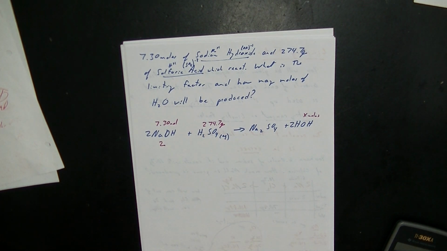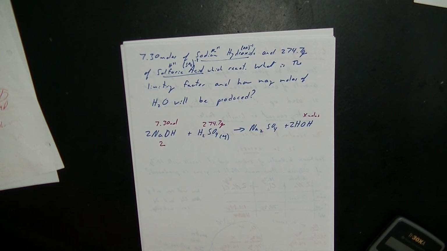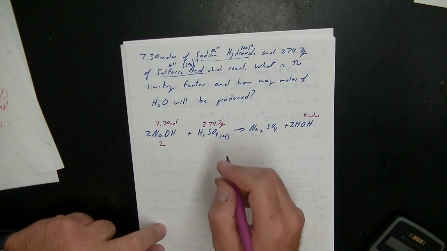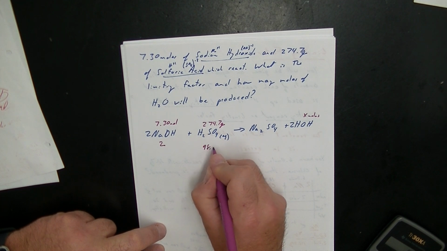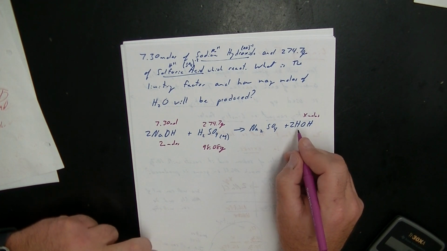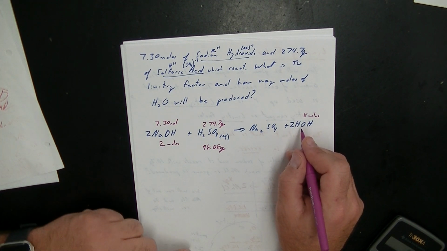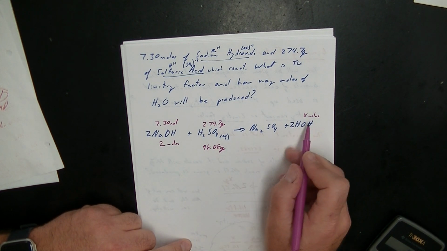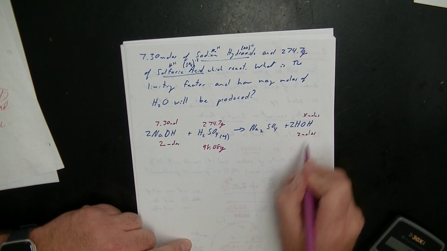Oxygen is 16, plus sulfur, which is 32.06, plus hydrogen, which is 2.02, and that gives me 98.08 grams. This was moles. So this would be 2 moles.